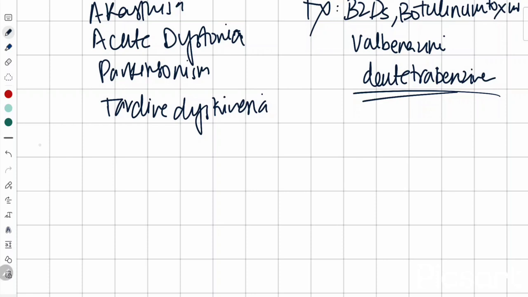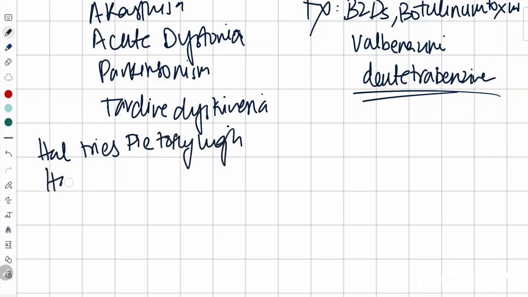And then of course we're gonna have high potency antipsychotics and low potency antipsychotics. So high potency are haloperidol, high potency. So there is again a mnemonic for that. The mnemonic is HAL tries to spy to fly high.